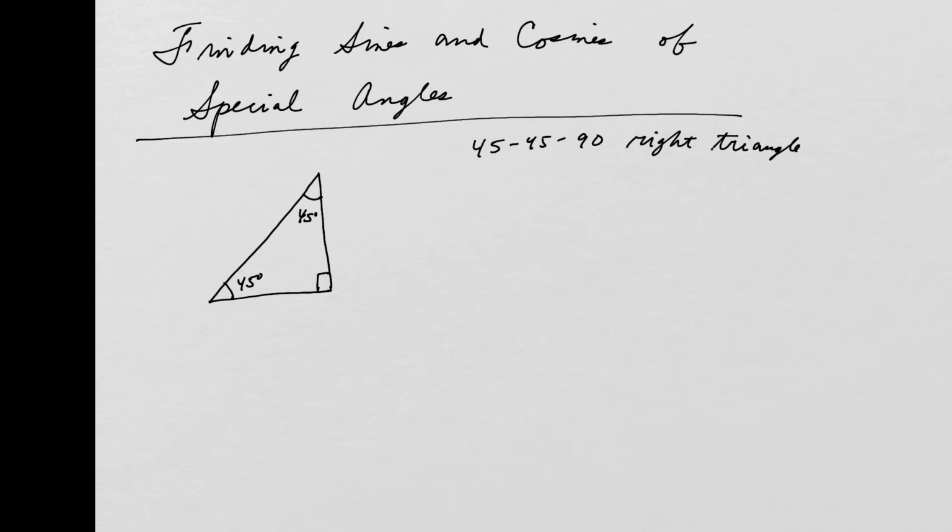So since those two angles are equal, that means these two sides are equal. Let's call the hypotenuse length 1, and these are x and x. So from the Pythagorean theorem, we know that x squared plus x squared is equal to 1 squared, right? Or I could say 2x squared is equal to 1, which means, dividing by 2, x squared is equal to a half.